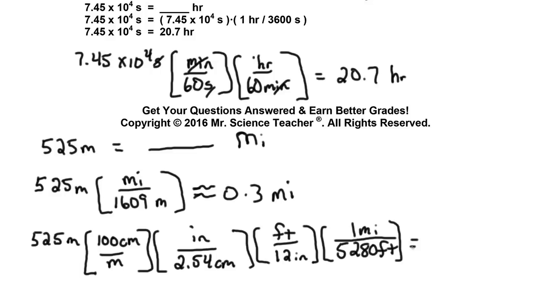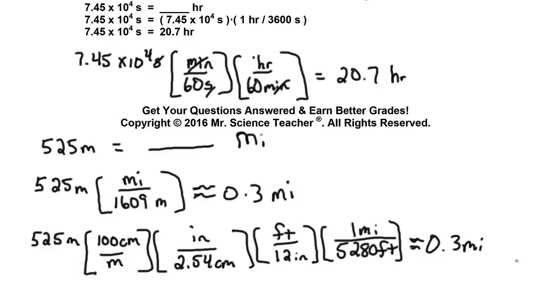Okay, so 525 multiplied by 100 divided by 2.54 divided by 12 and divided by 5,280. And I get 0.326. Pretty much the same answer that we had before. 0.3 roughly miles.